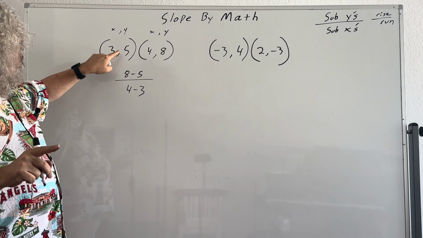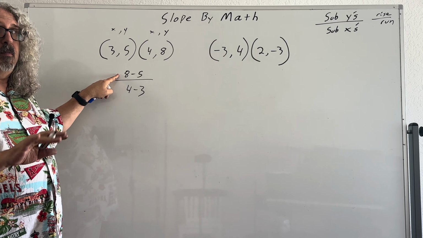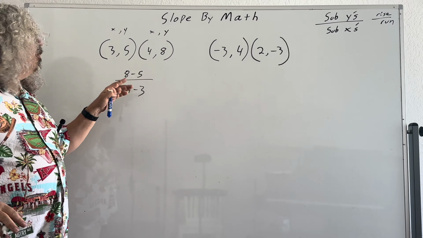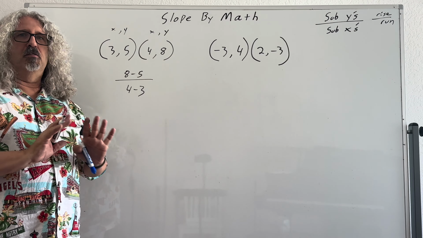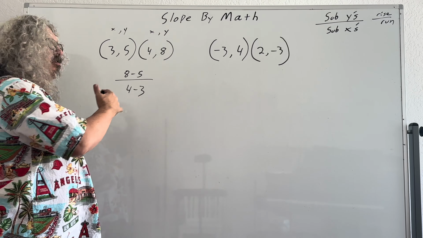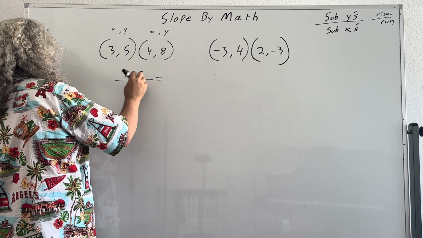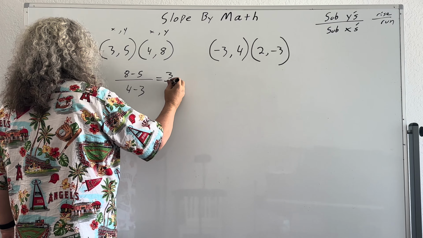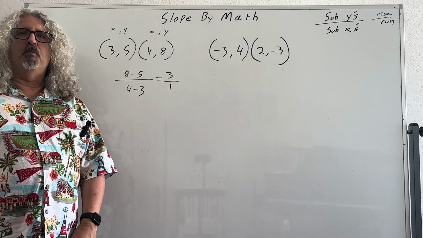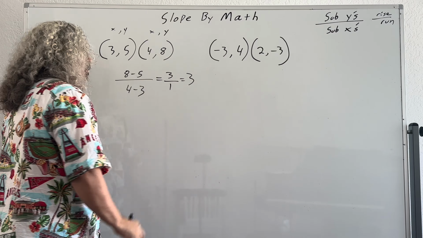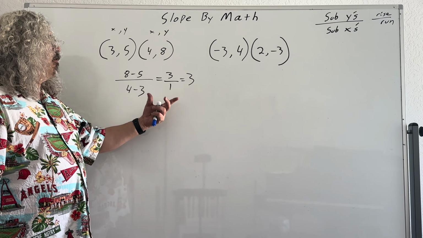Had I decided to go 5 minus 8 on top, that's fine, but then I would have had to go 3 minus 4. So whatever you do for your y's doesn't matter, but you need to be consistent with the x's. When I do that, 8 minus 5 is 3, 4 minus 3 is 1, so my slope is 3 over 1. You can also say the slope is just 3. Either one would be correct.